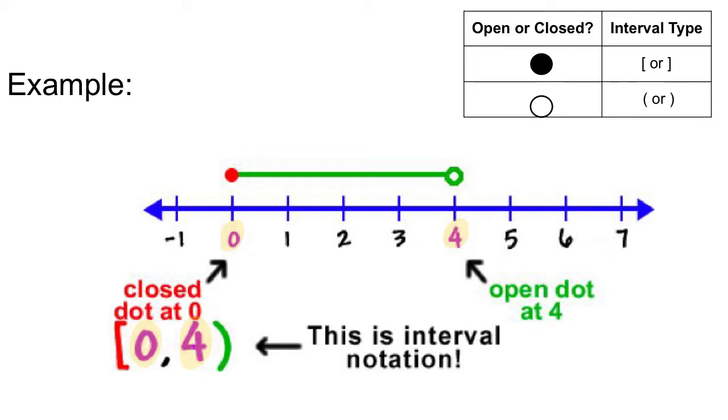So first, there's a closed circle here, which indicates it does include the number, so I would use a bracket. So I have a bracket here. On the other side, there's an open circle, indicating it doesn't include the number, and whenever I have that open circle, I use a parentheses. So I have a parentheses here. So my interval is that it includes 0 and does not include 4.